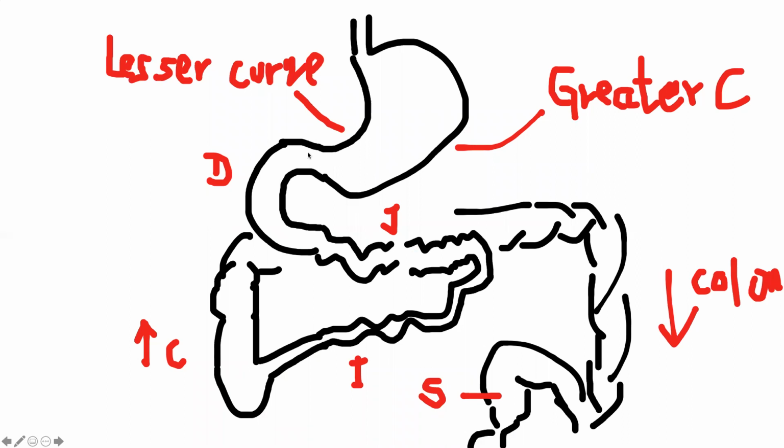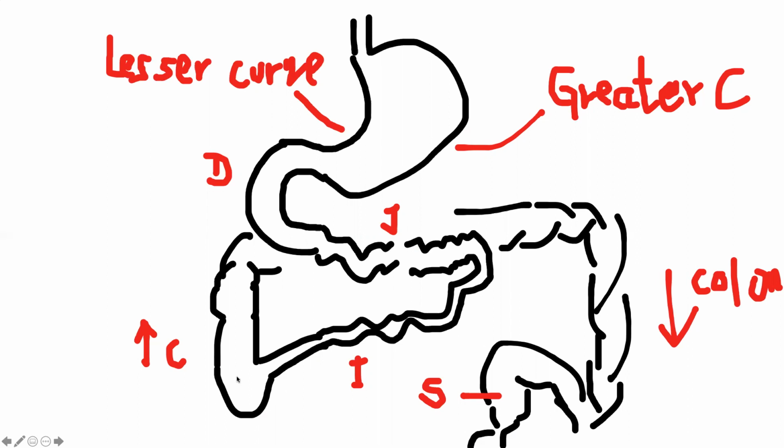And then we have the duodenum. The duodenum will be followed by the jejunum. The jejunum will continue as the ileum. The ileum will join the cecum. This is the ileocecal junction.